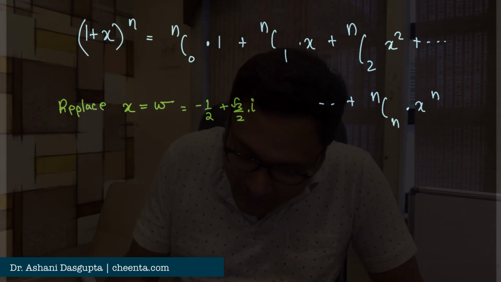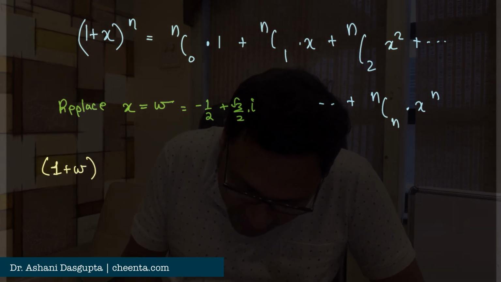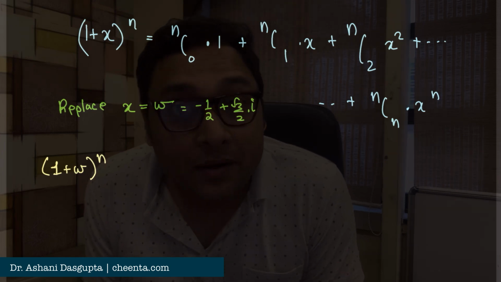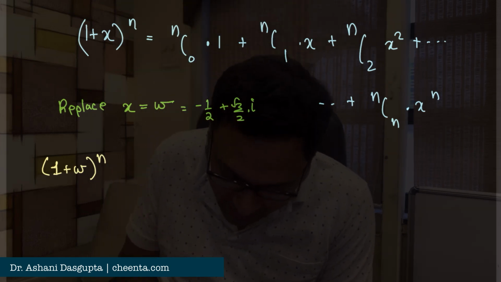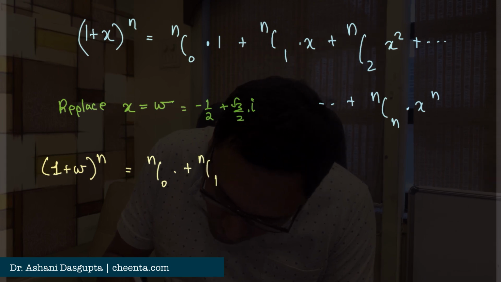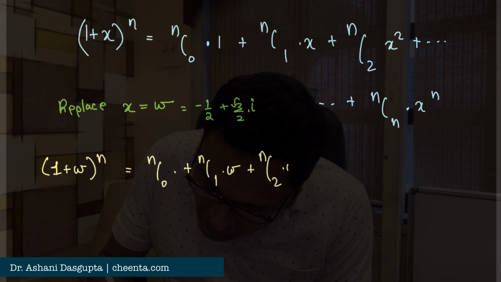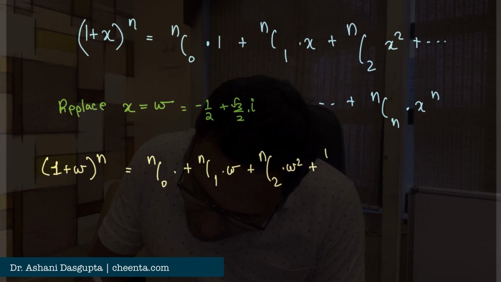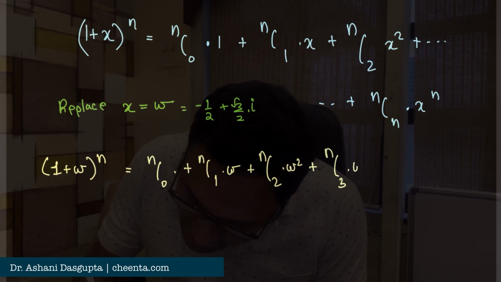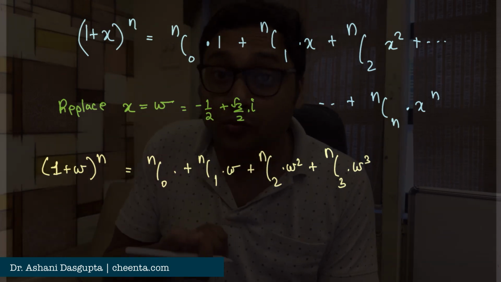So once we do that, we have (1 plus omega) raised to the power n is equal to n choose 0 plus n choose 1 times omega plus n choose 2 times omega square plus n choose 3 times omega cube. But omega cube is 1 because omega is a cube root of unity.